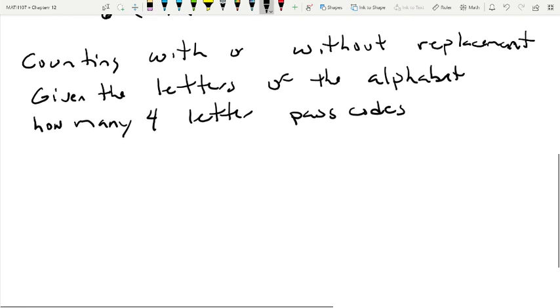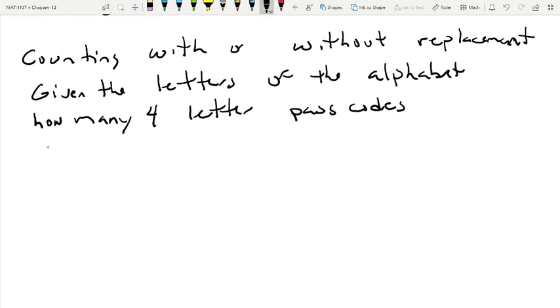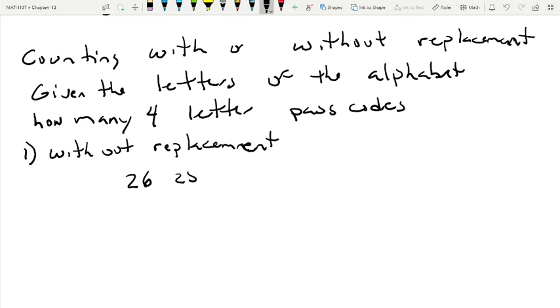So first off, first, without replacement. So without replacement, that would mean we have 26 choices for the first one. We have 25 for the next, 24 for the next one, and then 23 for the one after that.